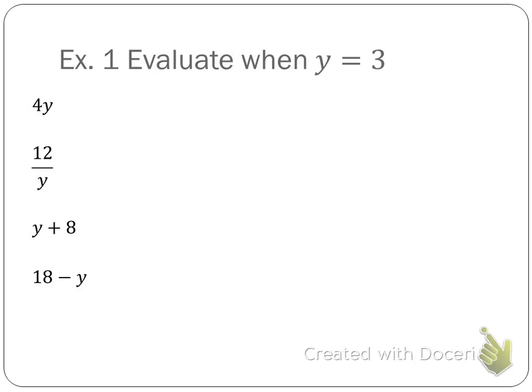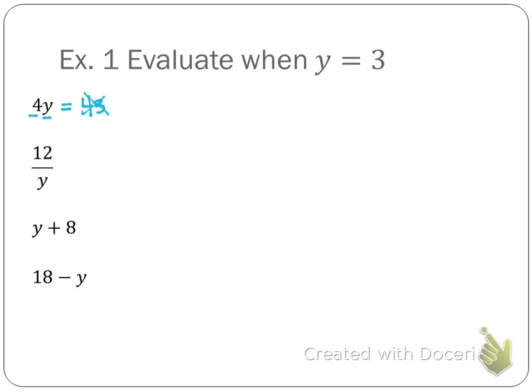So I look right here and I have 4y, so I write 4 and 3. Is my answer going to be 43? No, it is not. Because anytime you see a number and a variable written side by side, what operation does it mean? Multiplication. Very good, okay?